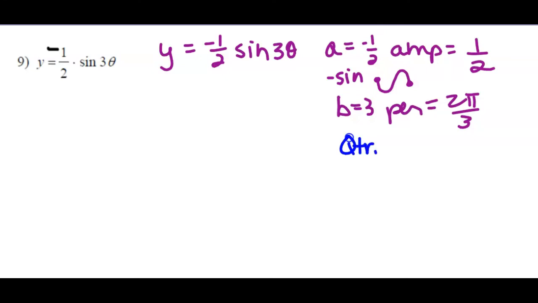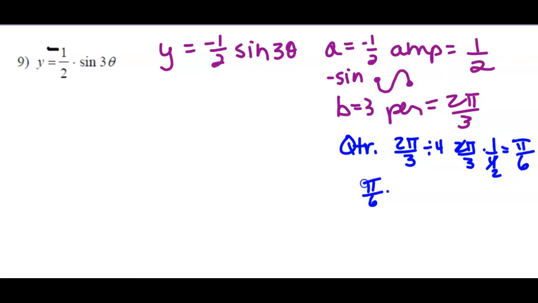But that makes the quarter points a little complicated. The quarter points would be 2 pi over 3 divided by 4, or 2 pi over 3 times 1/4, which is going to reduce to pi over 6. 2 pi over 12 or pi over 6, which is actually what we just did, right? 1 pi over 6, 2 pi over 6, which reduces to pi over 3. 3/6 reduces to 1/2, and 4/6 is 2/3.